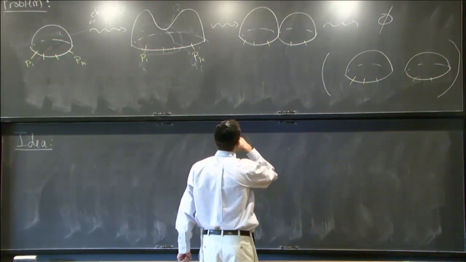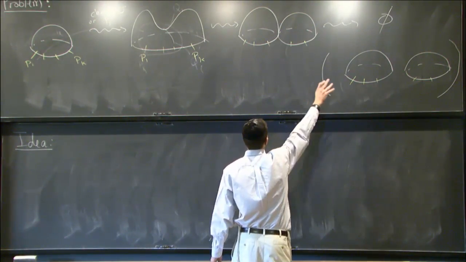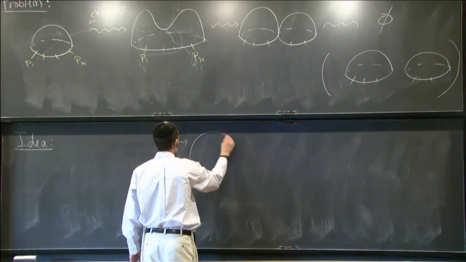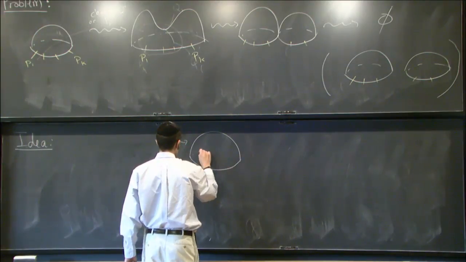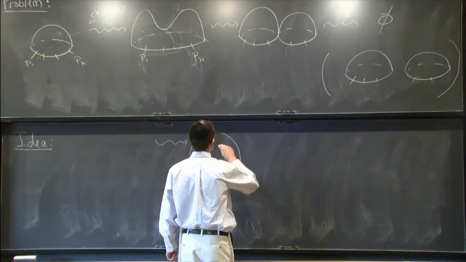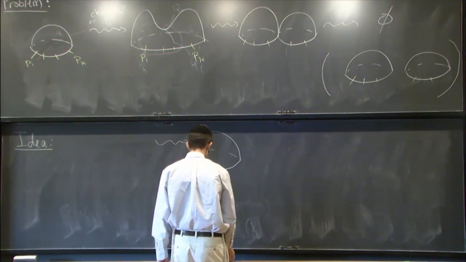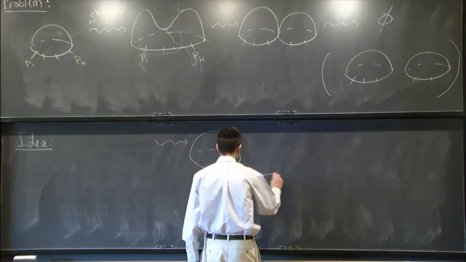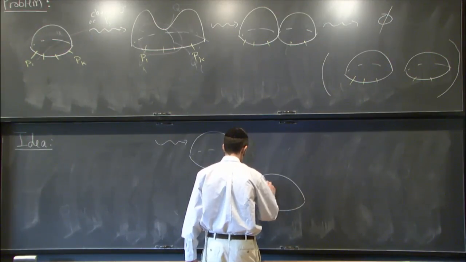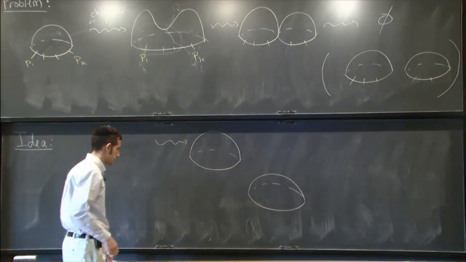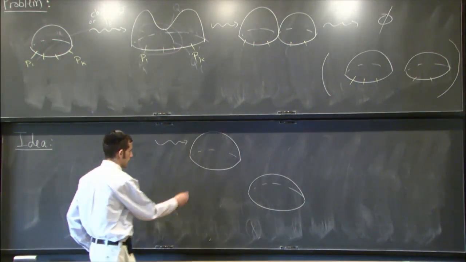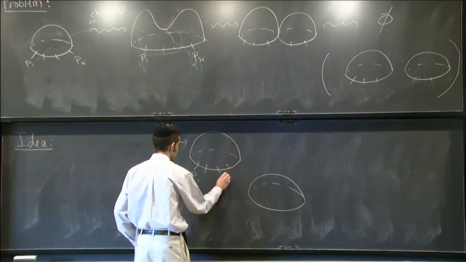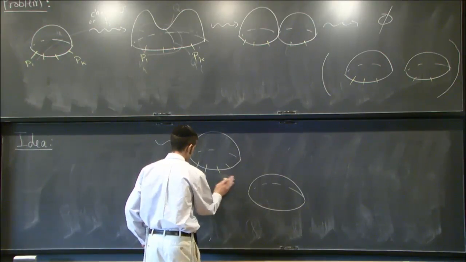So the idea is, instead of continuing to the empty set, you want to continue to a situation where you count something like this, where now you have two disks which are separate, and you still have some constraints over here.